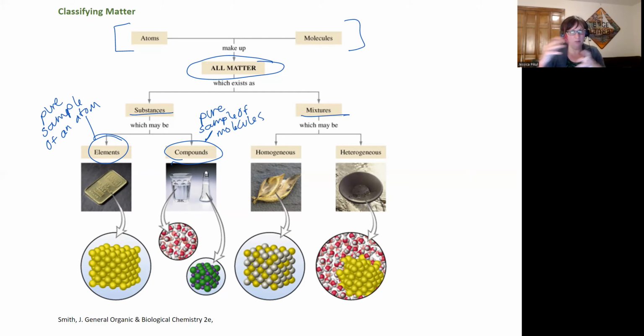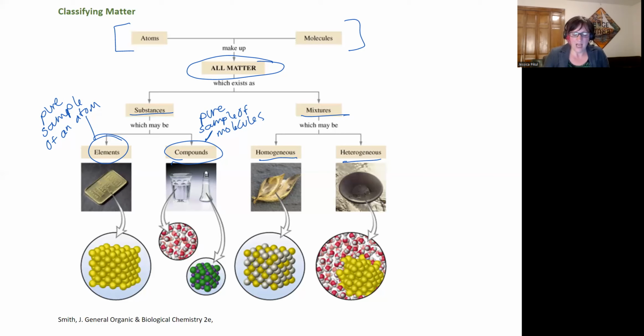But most things are actually mixtures. And so that's our other category here. A mixture is going to combine two or more either atoms or molecules, or atoms and molecules for that matter. And so we've got kind of like two ways that we classify these mixtures: homogeneous and heterogeneous.